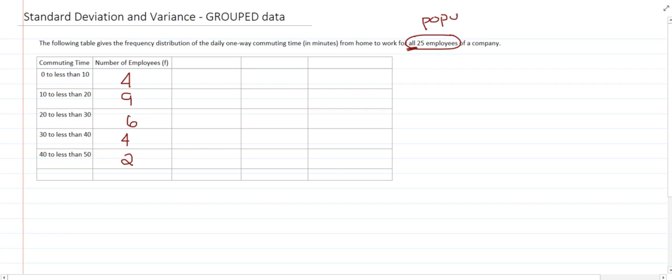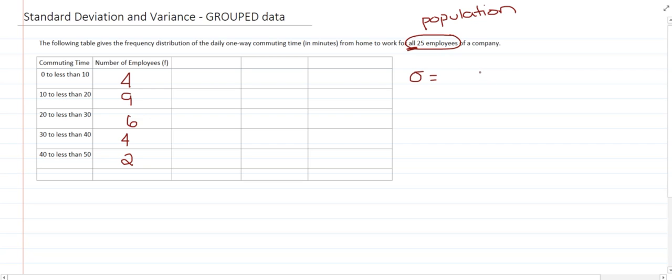Okay, so we're going to use the population standard deviation formula for grouped data, and that is going to be as follows. So the standard deviation is going to be the square root. Well, we'll do the square root last because it's pretty big here.